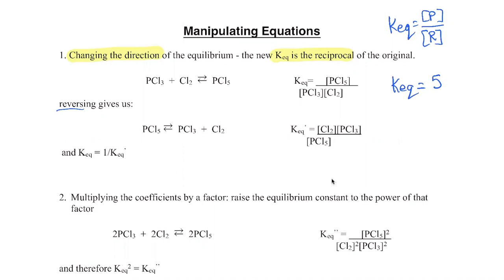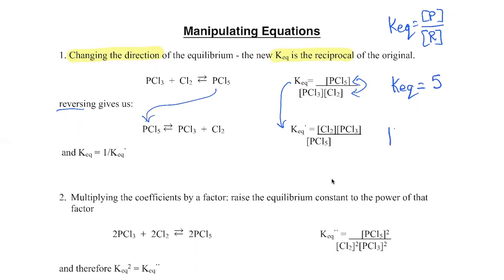So if we look at the reverse, we now have our PCl5 written as the reactant, and the PCl3 and Cl2 are written as products. So when we look at how the KEQ expression changes, we're seeing a flip from top to bottom, because now our chlorine gas and our PCl3 are products, so they're going to be on the top, and the PCl5 is going to be on the bottom.